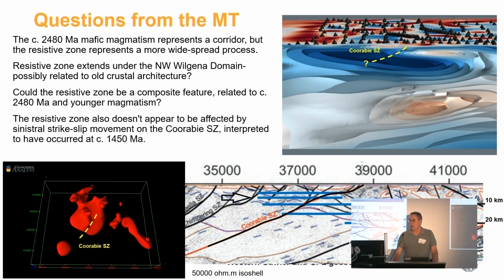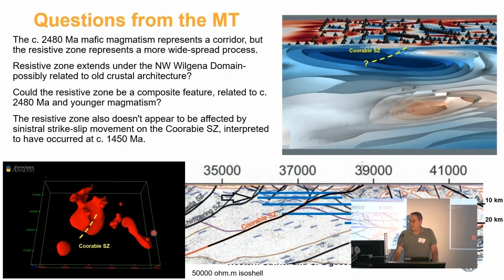So is this quite old? This area through here also has the Muckanuppy anorthosite, other mafic bodies of the younger, so 1700. So could this be a composite body? Rather than forming at one time, it's actually several periods of depletion.